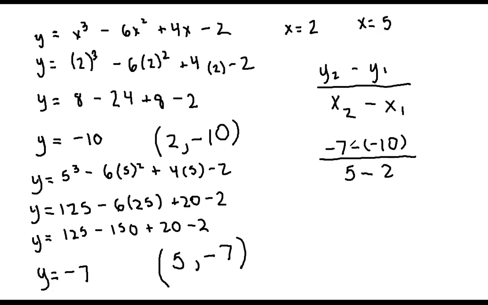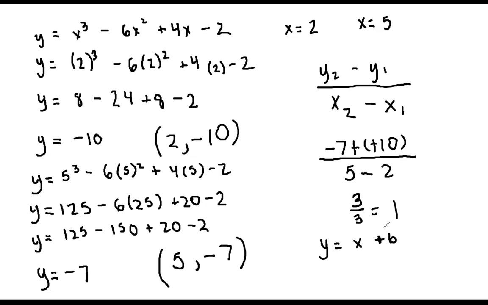And remember, when we're subtracting a negative, they both become positive. So negative 7 plus 10 is 3, divided by 5 minus 2, which is also 3. So our slope is equal to 1. And remember, y equals mx plus b, our m is 1, so that would be y equals x plus b. And we want to find the equation of this line.